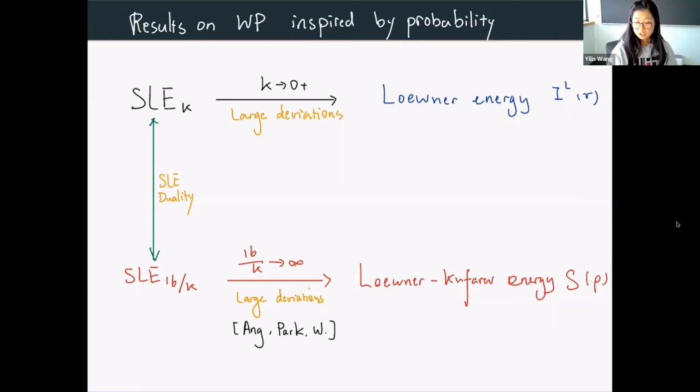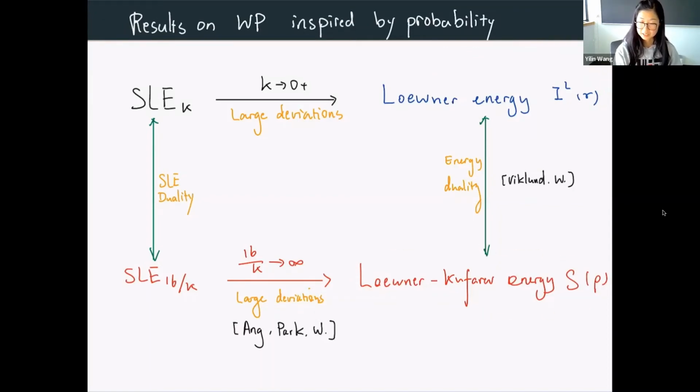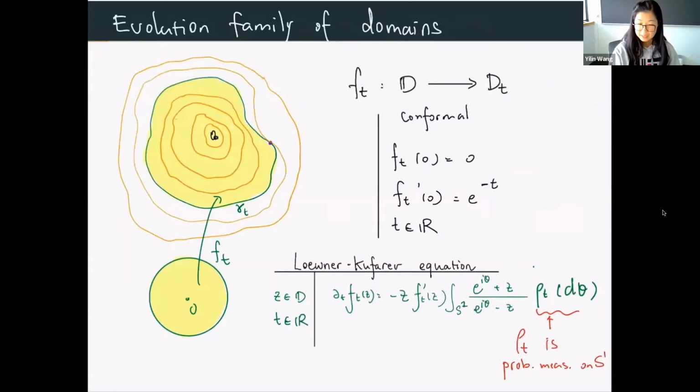And the large deviation rate function is called the Loewner-Kufarev energy. And in a work with Friedrich Wickland, we established the link between the Loewner energy and the Loewner-Kufarev energy. Let me just give you the statement.